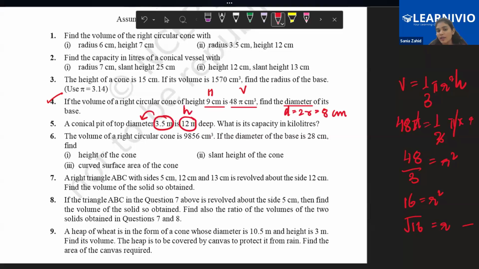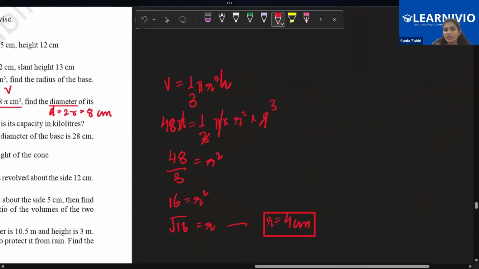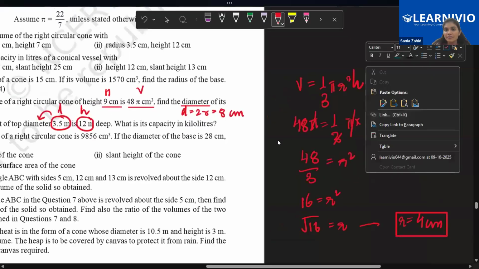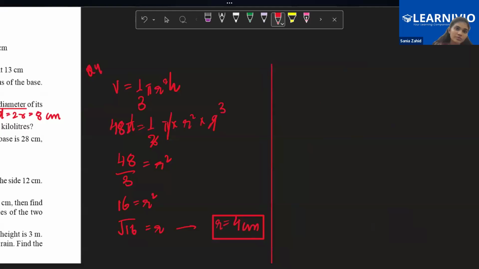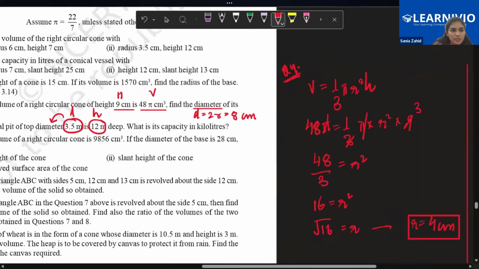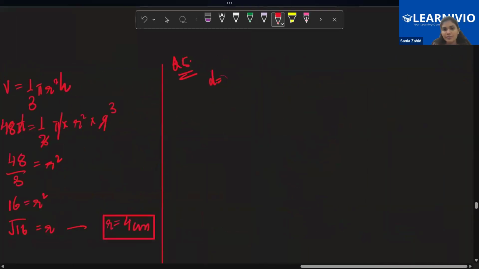That means the height is 12 meter and the diameter is 3.5. So first of all, from the diameter, you can find the radius. Question 4: the diameter is how much? 3.5 meter.